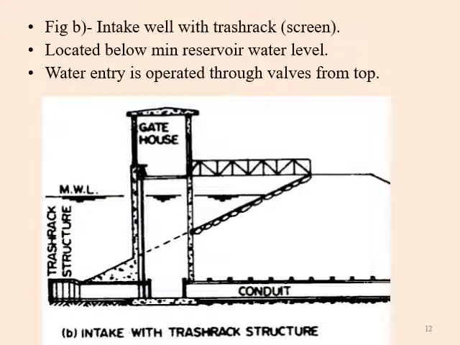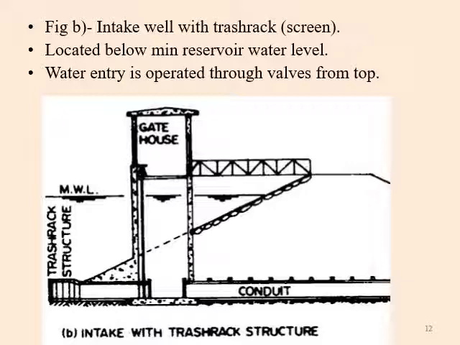The second one is the intake well with screen, technically also known as a trash rack. So trash rack structures or screens are provided. This type of structure is located below the minimum reservoir water level. Here the minimum water level is shown.